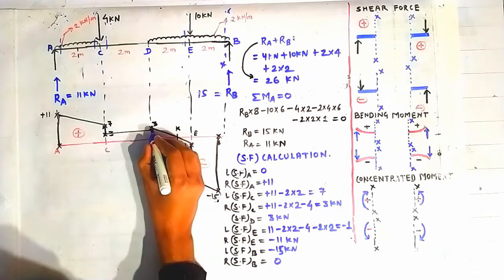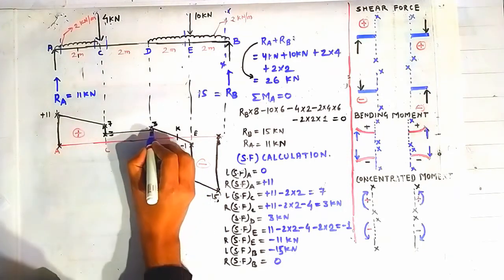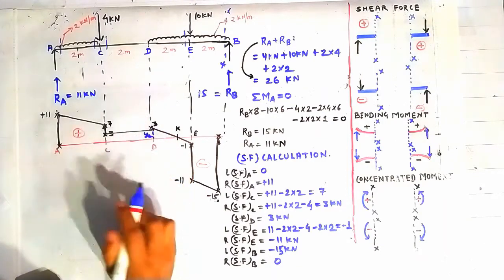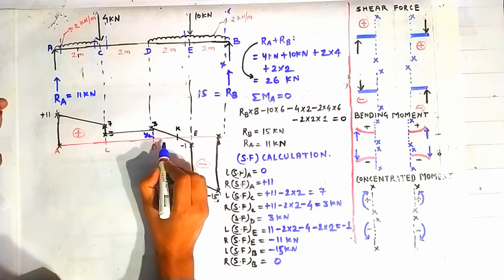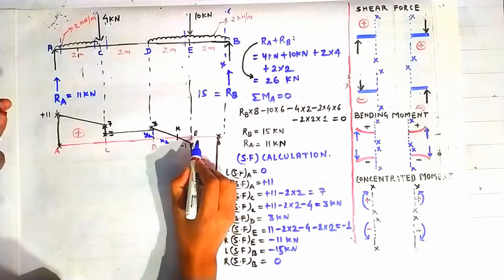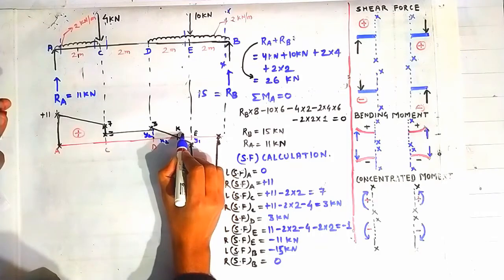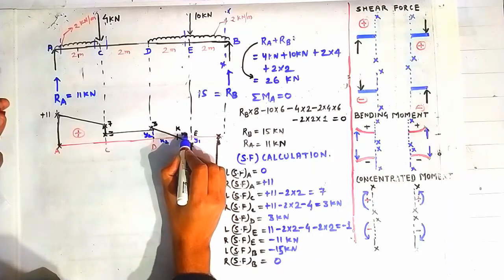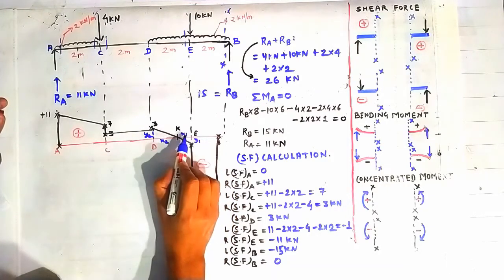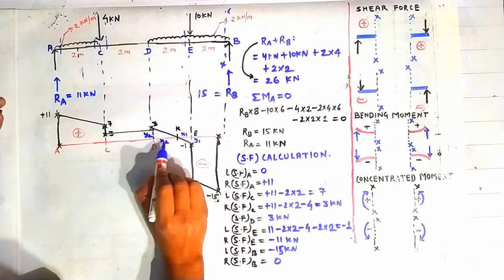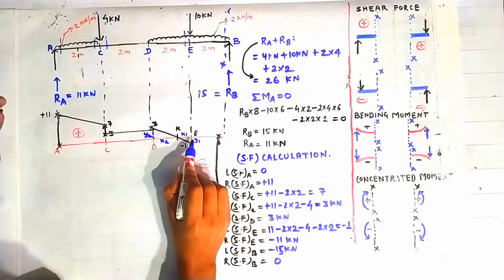Okay, and now suppose this is the distance y2, the height of this triangle, and this is x2, and this is our y1, suppose, for this triangle, and this is x1. Okay, this distance KE is x1, and this distance DK is x2, and this length is y2, and this is y1.